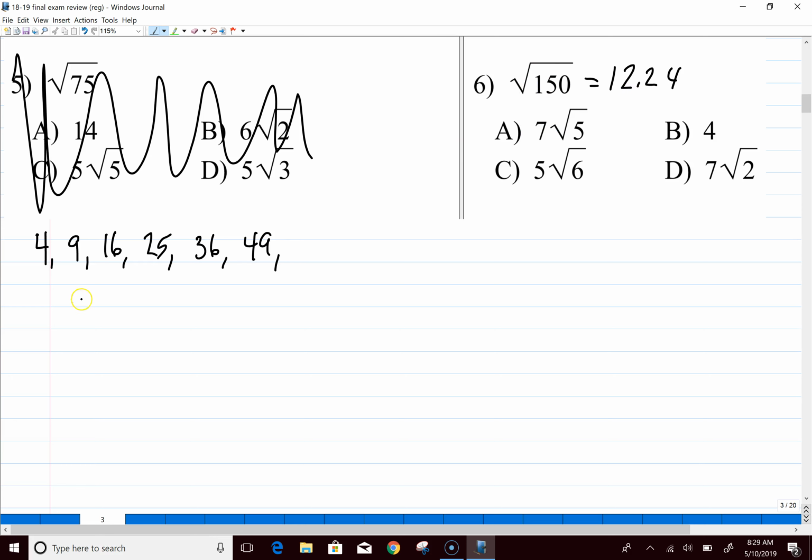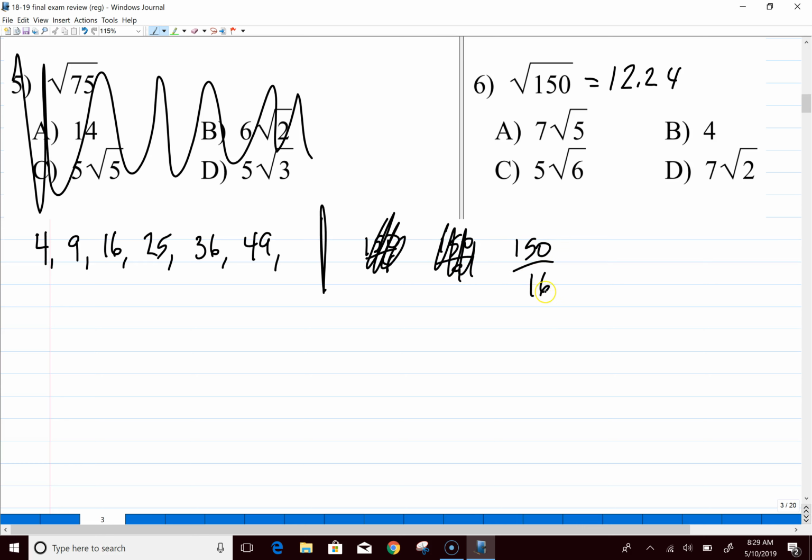I'm going to divide 150 by all these numbers. 150 divided by 4. That gives me a decimal. I don't want a decimal. 150 divided by 9 now. That gives me another decimal. I don't want a decimal. 150 divided by, what's next on my list? 16.